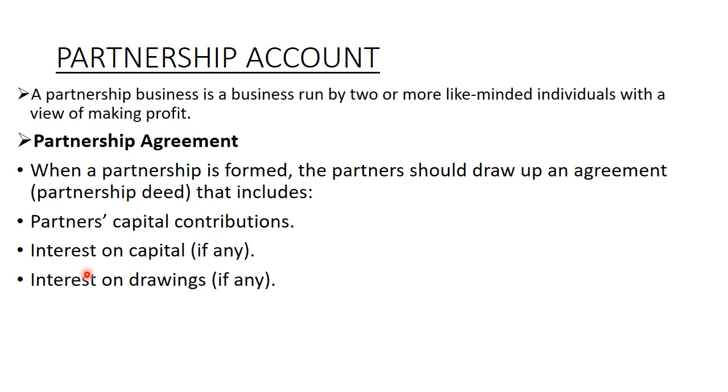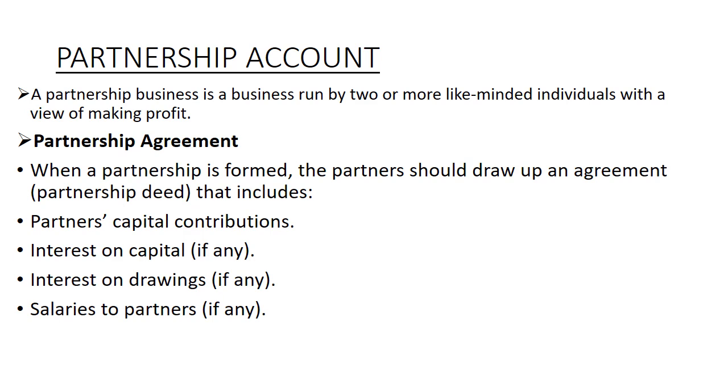Therefore, your total money is going to be 22,000. That is interest on capital. Interest on drawings is the opposite. Partners are not encouraged to withdraw money, so if you are going to withdraw money, you have to pay some interest.